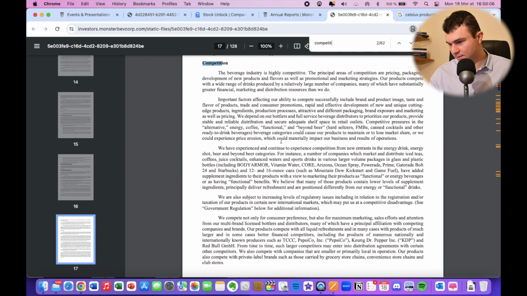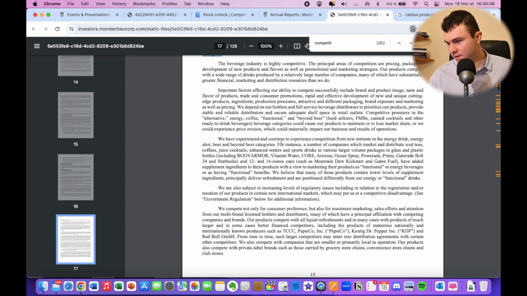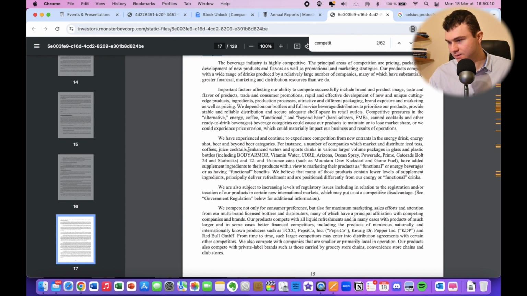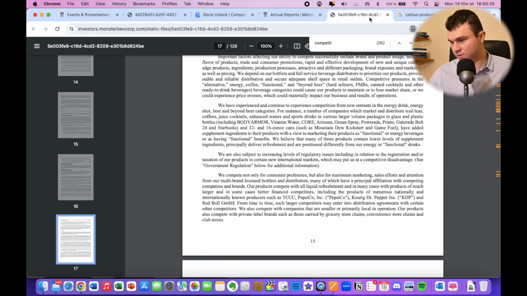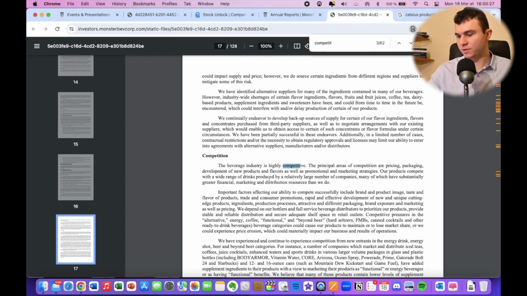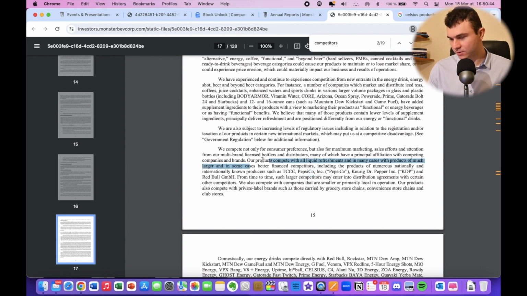Okay, who are the competitors? Juice cocktails, okay, they mean that they are in a competitive industry for many products. Okay, competition. If I type competitors, what do they say?